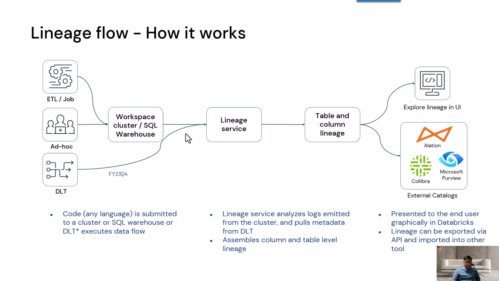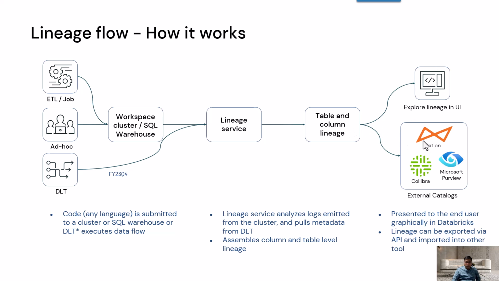Based on that it assembles the column and table level lineage from this metadata, and that column level and table level lineage is created and pushed into the table. Now whenever a user tries to explore the lineage, the same information which is kept in the table is displayed in the UI.